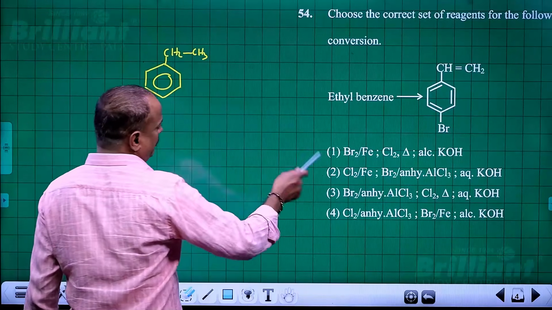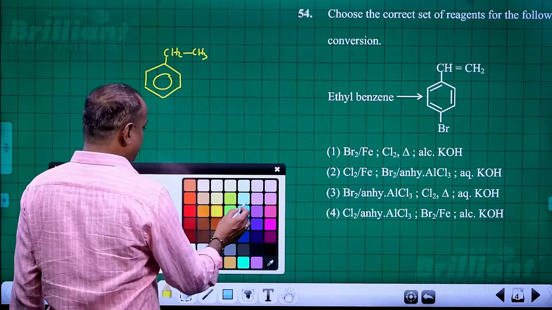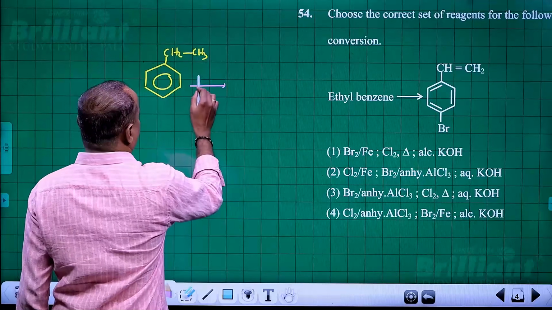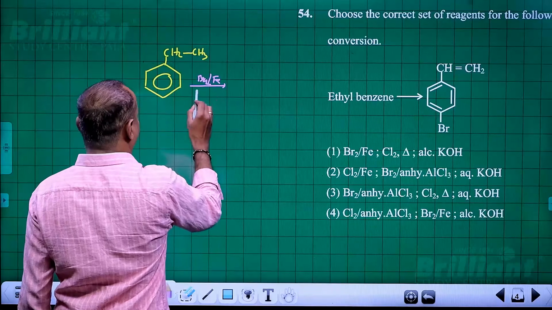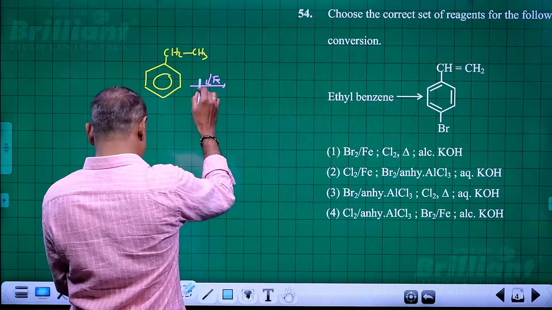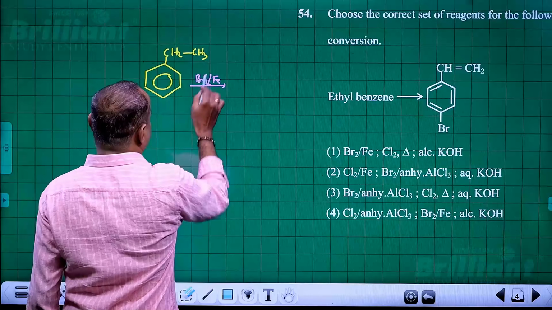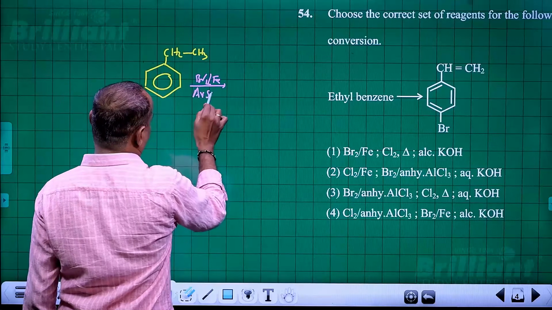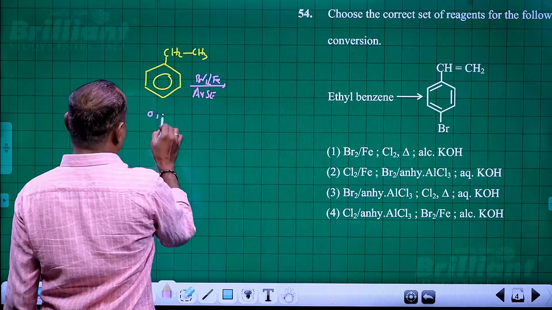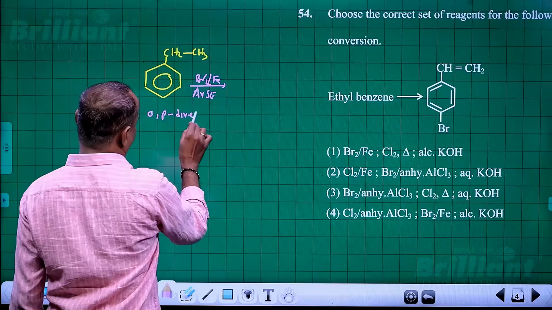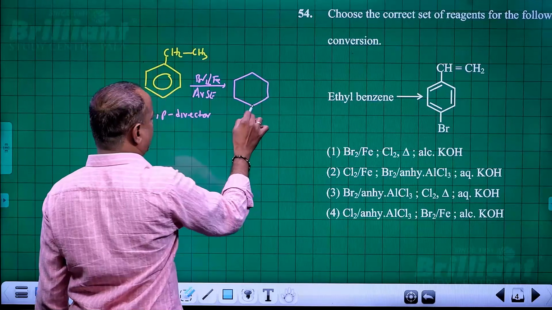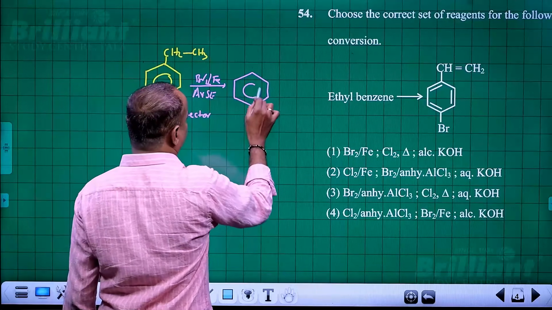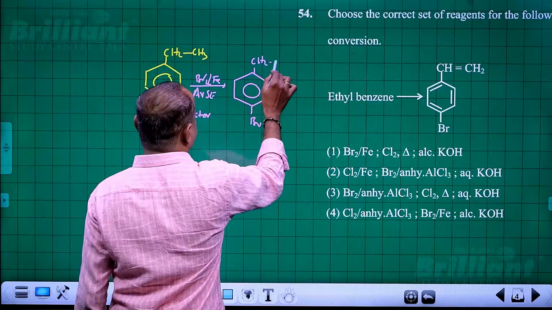Suppose you take first bromination, then bromine with catalyst gives aromatic electrophilic substitution, OP director. So para is better, take para bromo as major product.